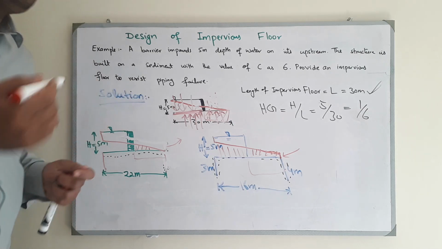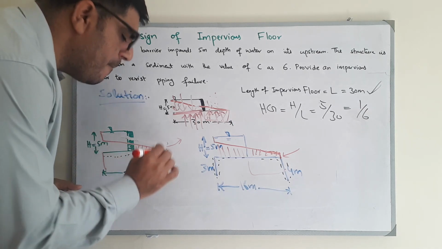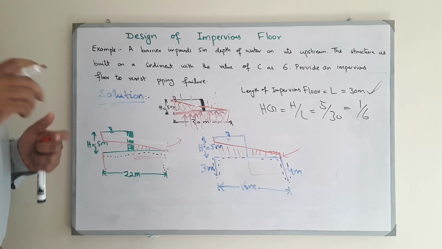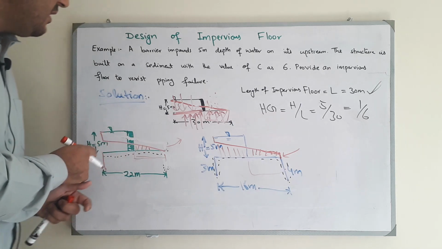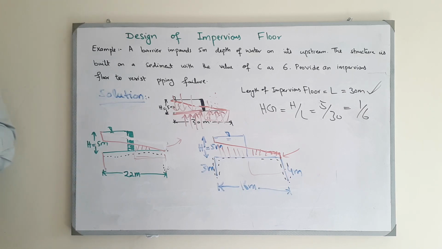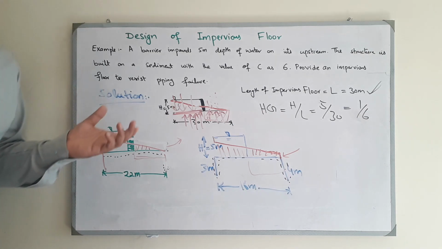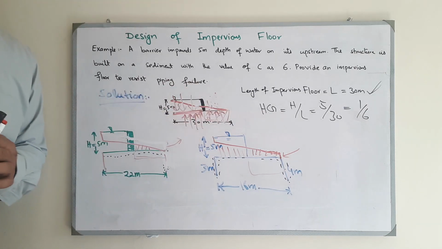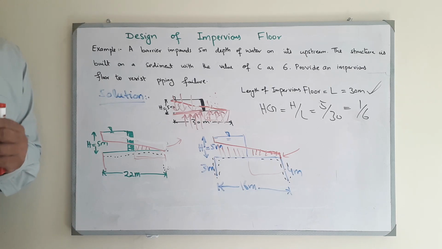So what will be the benefit? You have to provide comparatively less impervious floor thickness if the sheet pile is at the upstream. We will also study a practical numerical problem now to find the floor thicknesses at different points on the upstream and downstream sides of the impervious floor.